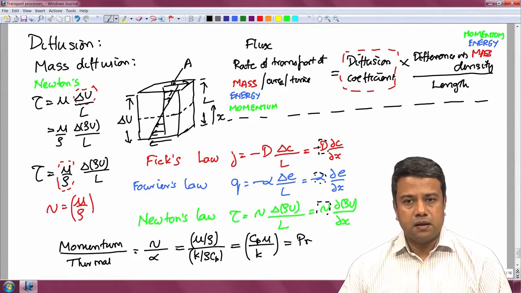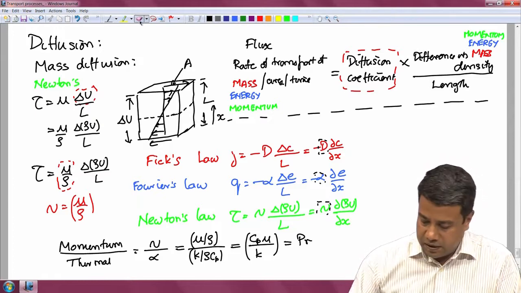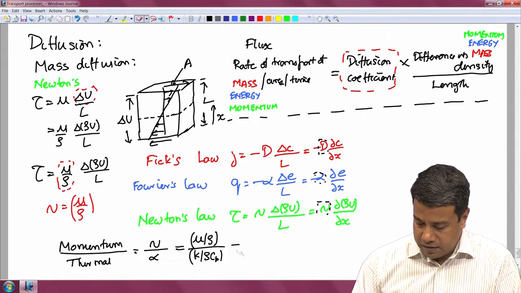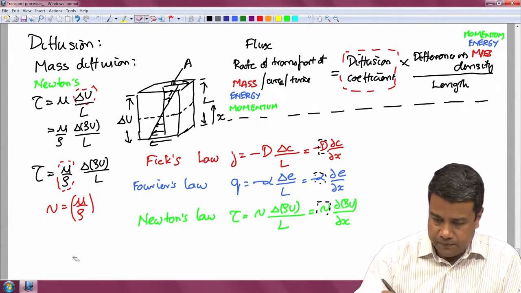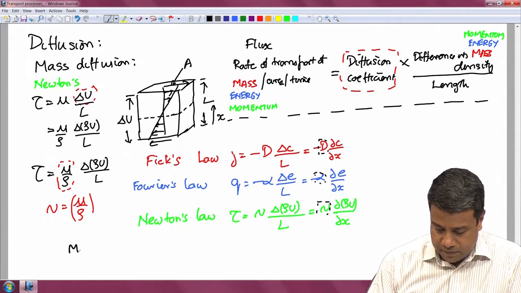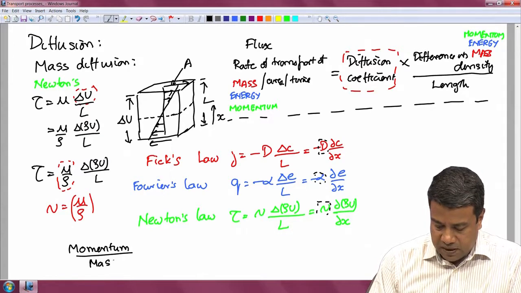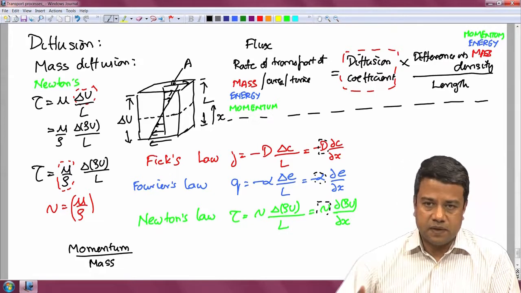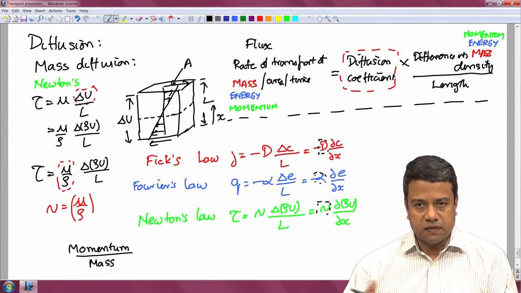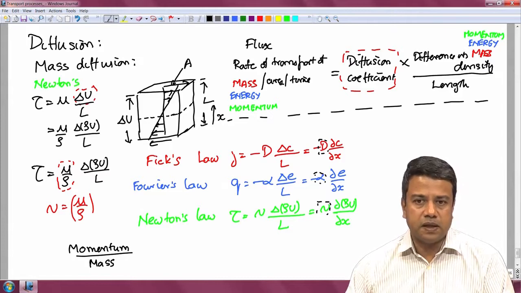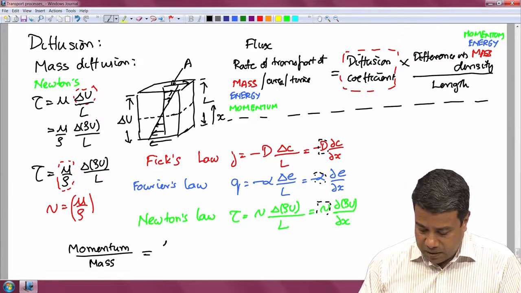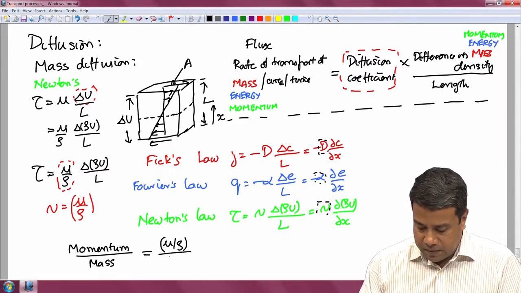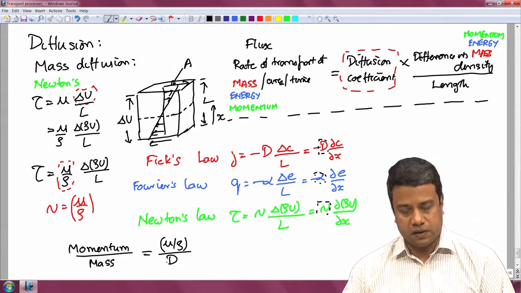You can take the ratio of momentum diffusivity and mass diffusivity. Since all diffusion coefficients have the same dimensions, you can take ratios of each of them against the other, and all of those will end up being dimensionless groups. So, this will turn out to be mu by rho divided by the mass diffusion coefficient.